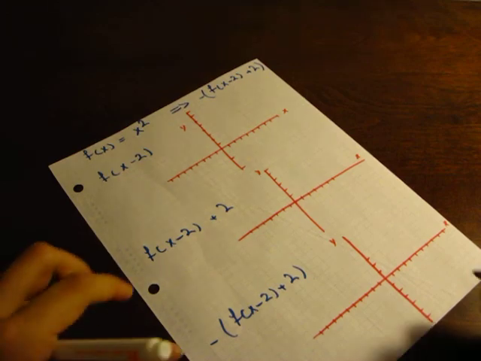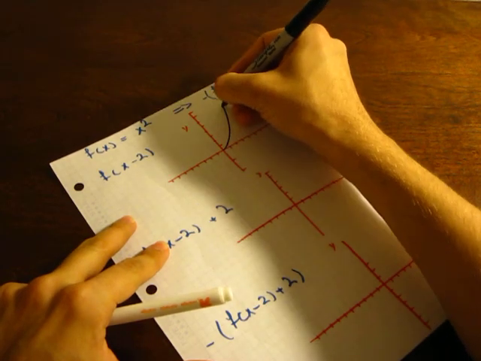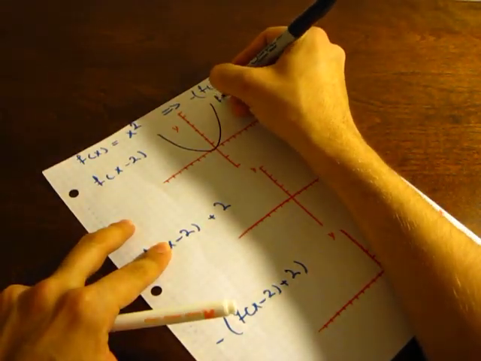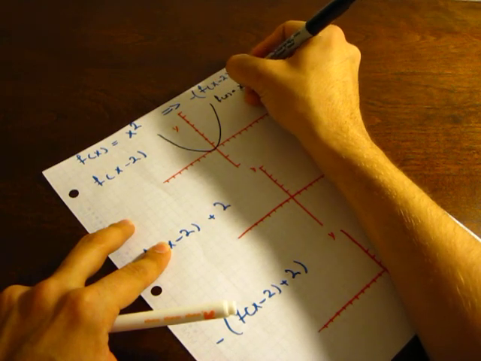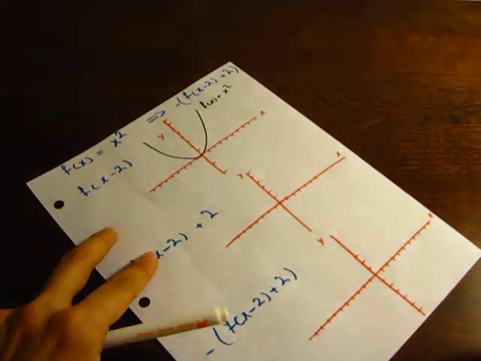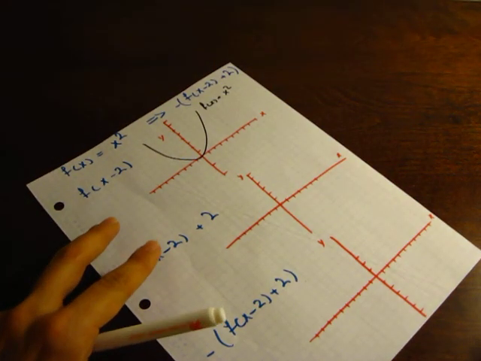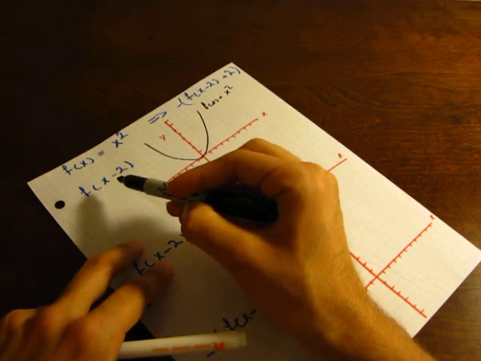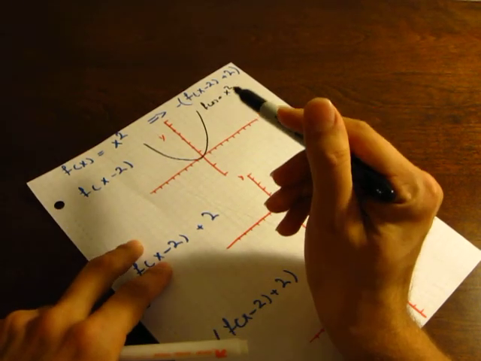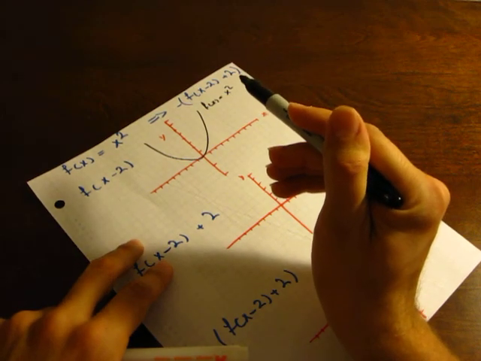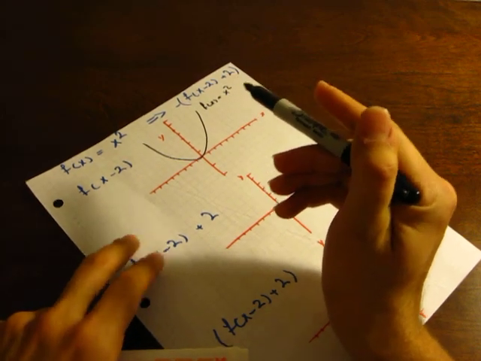Everyone knows that this function is a parabola. So right now I'm going to do this step first, f of x minus 2. According to those rules, I need to shift my graph 2 units to the right.